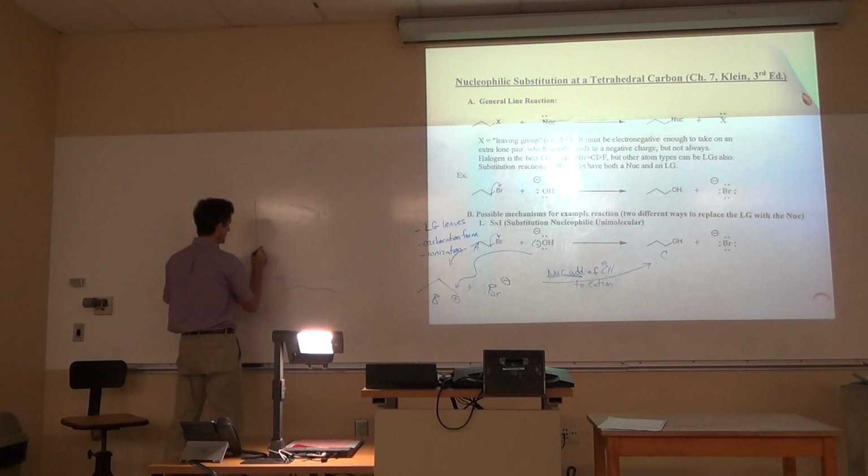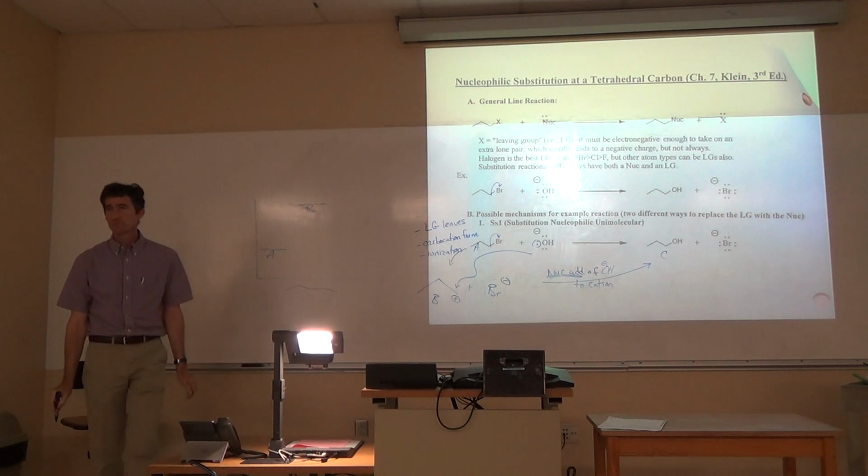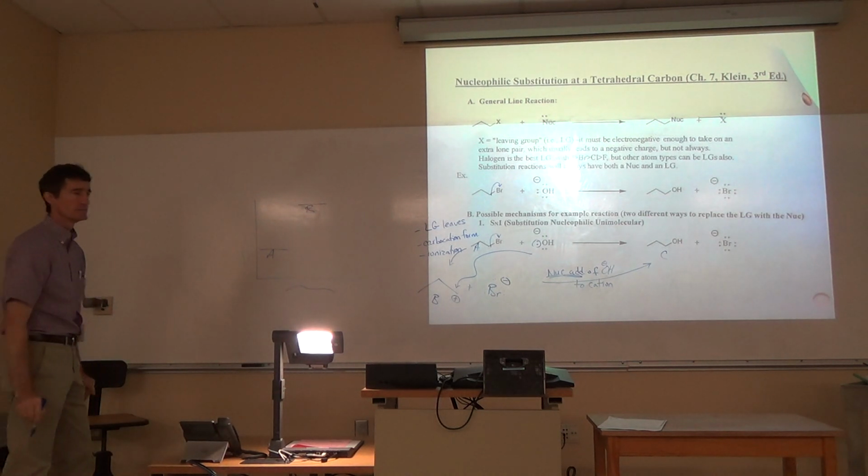This is A, some arbitrary energy level. Where's B going to be? Higher. It's a charged intermediate. It also doesn't have an octet. It's going to be higher in energy.